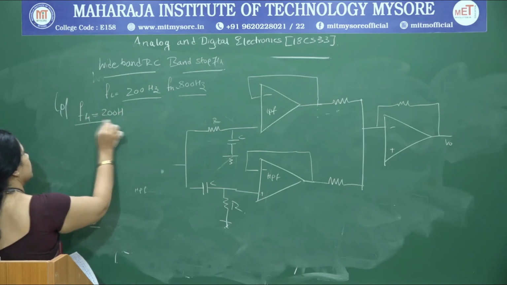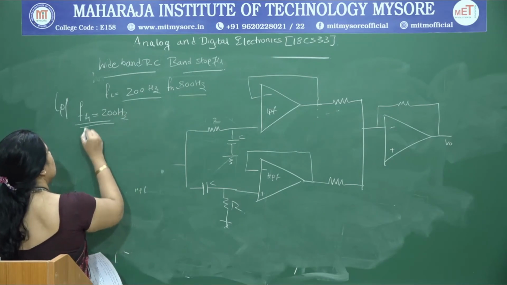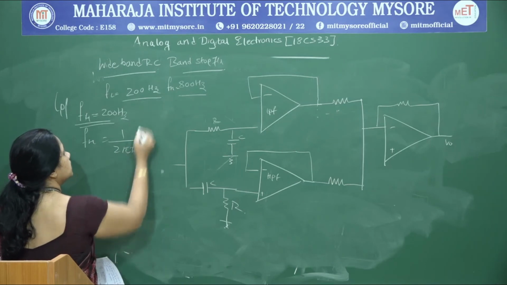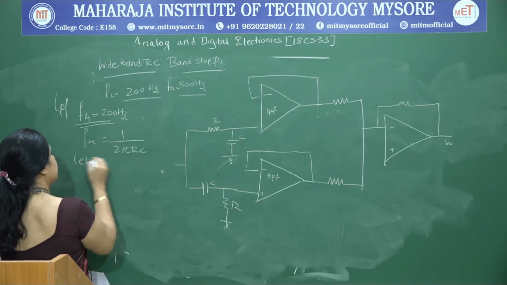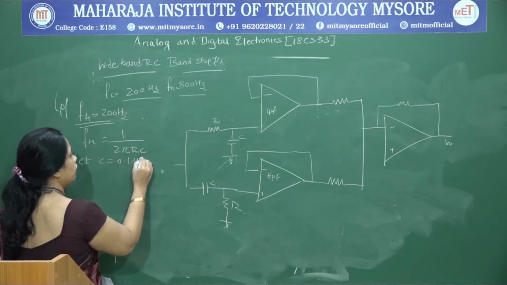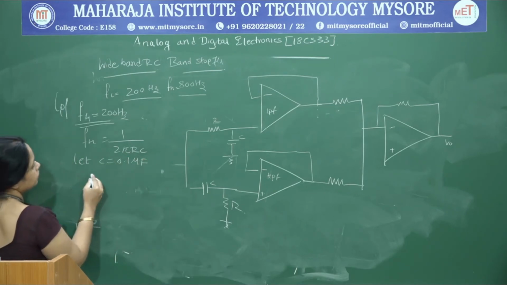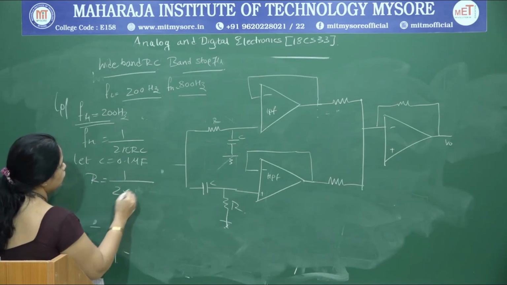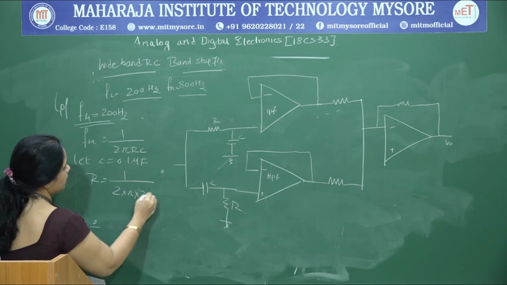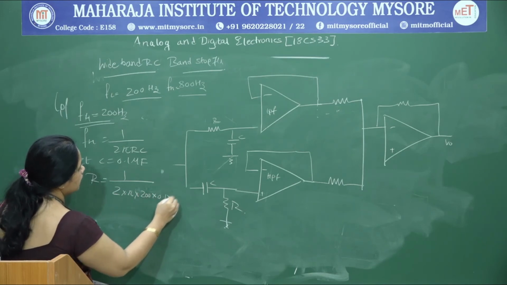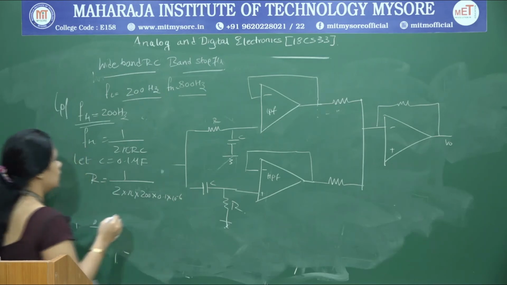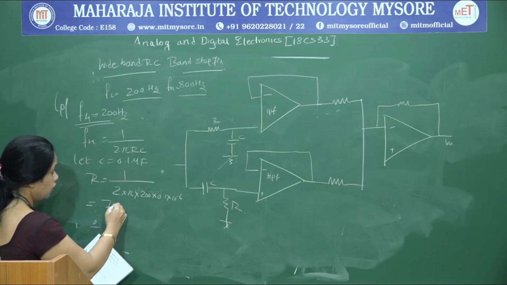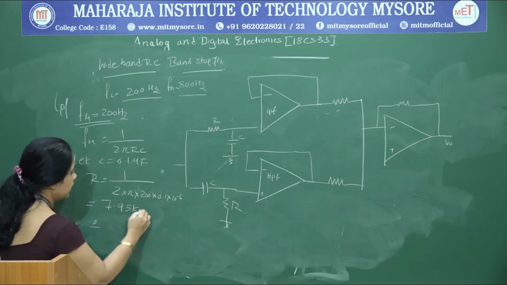FH is 1 by 2 pi RC. Let me take the C value equal to 0.1 microfarad. Substituting these values, I will compute R, which is 1 by 2 into pi into 200 into 0.1 into 10 to the power minus 6 farad. You tend to get a resistance value of 7.95 kilo ohms.